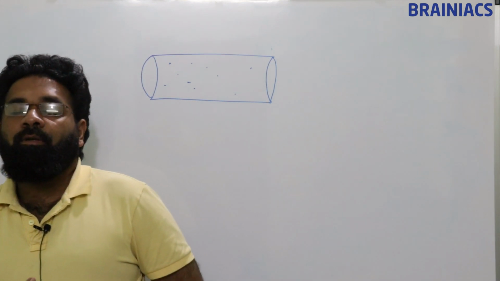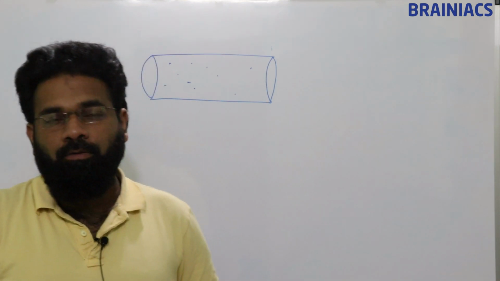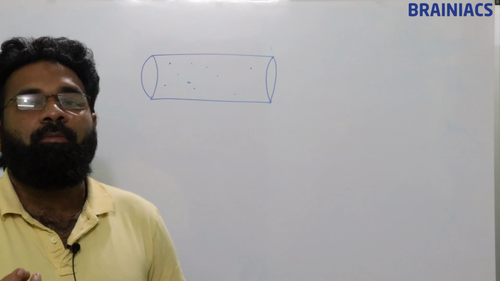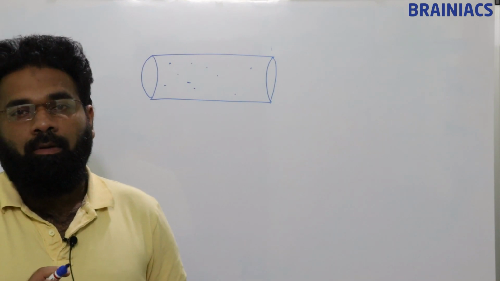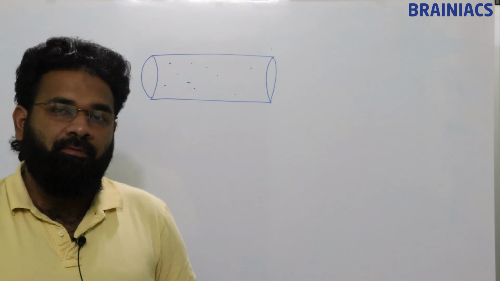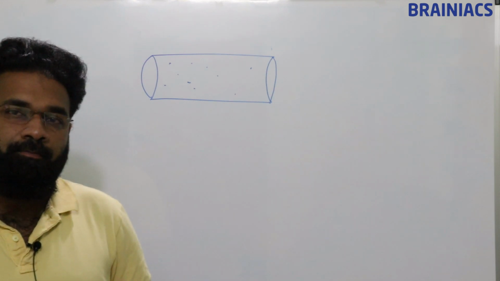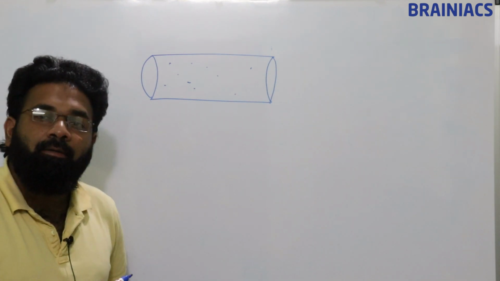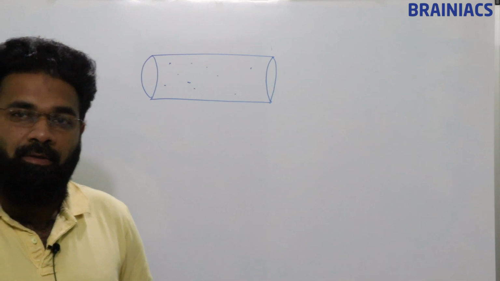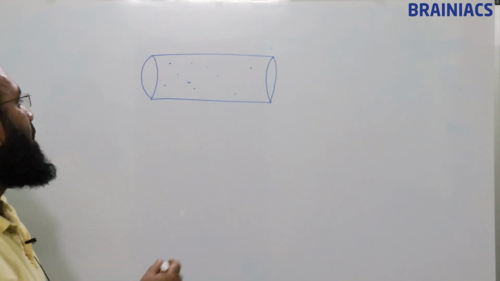An insulator will not have free electrons, or a very negligible amount. A semiconductor will have some free electrons, not much. A conductor is the kind of material where there will be lots of free electrons.